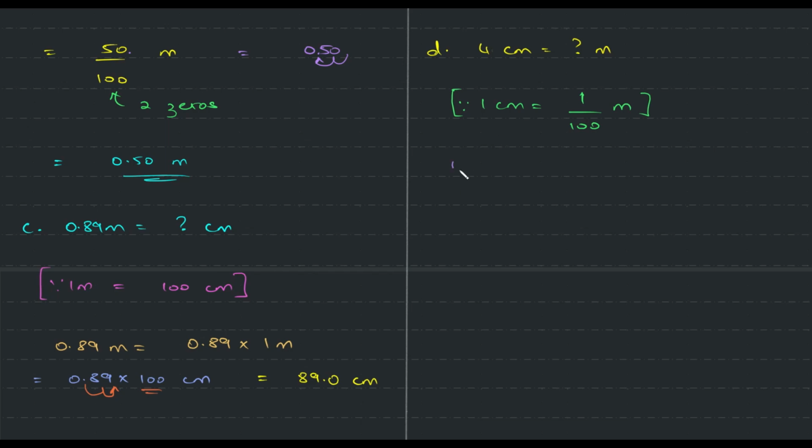Because of this, I can rewrite 4 into 1 centimeter as 4 into 1 by 100 meters, which is 4 by 100 meter. And since we are dividing, we need to shift the decimal place to the left. So originally it was over here, so 1 and 2, because there are two zeros over here. And so your new decimal place is over there, and this is meters.